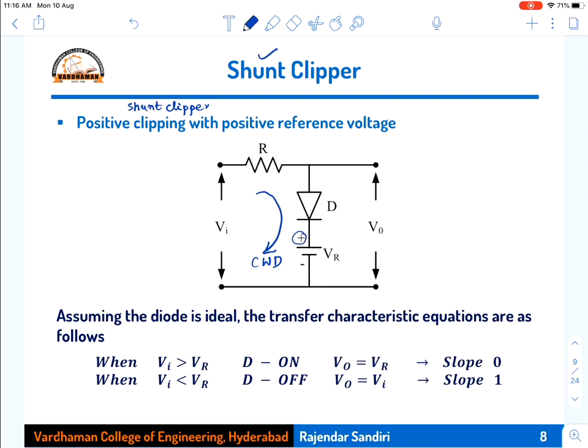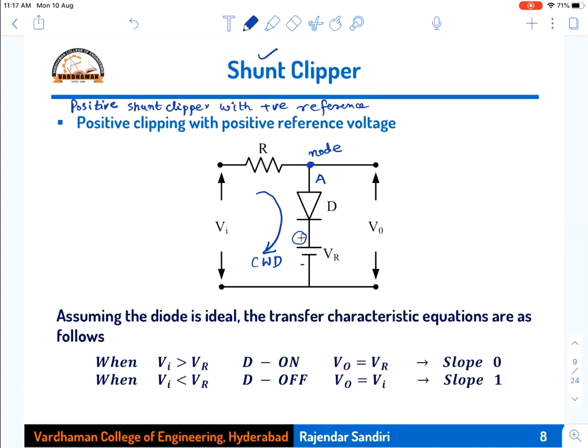So this is a positive reference: a shunt clipper with positive reference. Next, the node. What is connected to the node? The anode. Anode connected to the node means a positive clipper. So by seeing the circuit diagram, I am able to tell the name of the circuit. It is a positive shunt clipper with a positive reference.